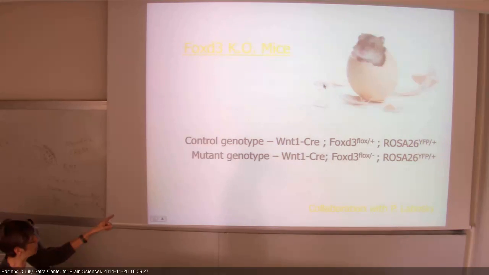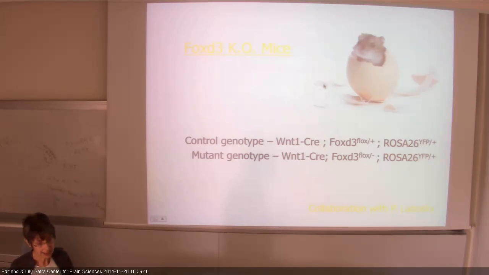So what would be your prediction? If FOXD3 inhibits melanogenesis and promotes neurogenesis, what happens if we delete FOXD3? The mouse will have no pigment cells. On the contrary. On the contrary, FOXD3 is expressed in neural progenitors, never expressed in melanocyte progenitors.